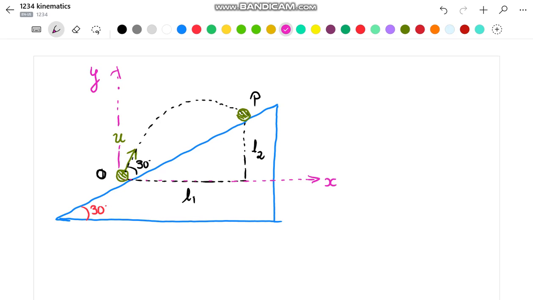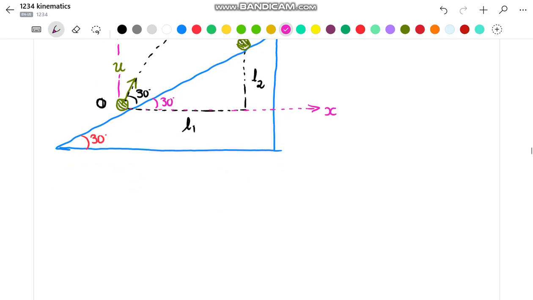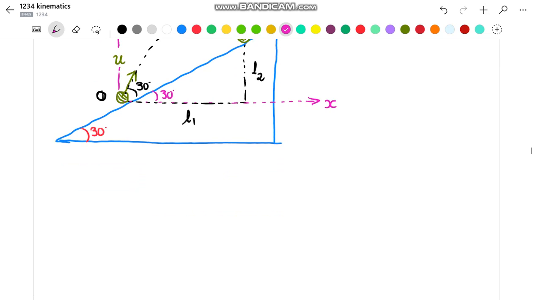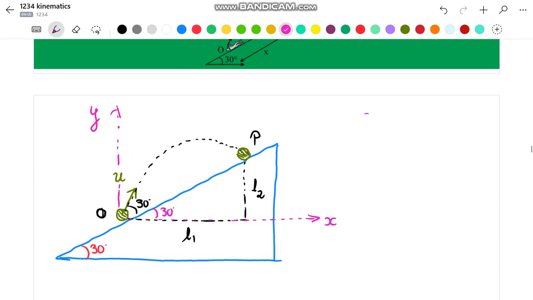So if I am going to resolve the velocity of bullet in x direction, the initial velocity of bullet in x direction is ux, which is equal to u cos 60 degree, that is u by 2.